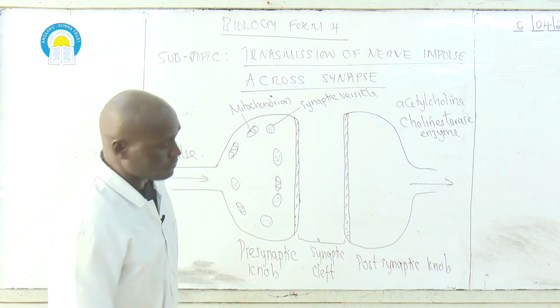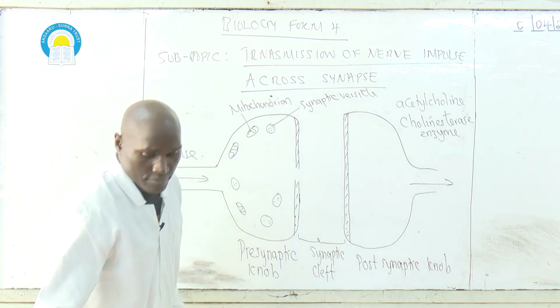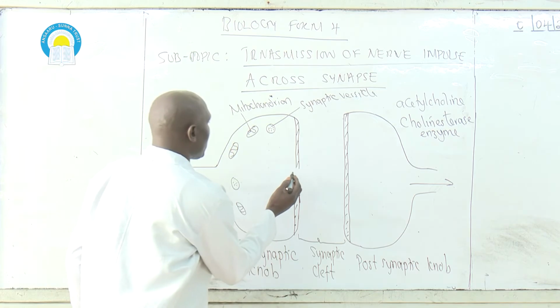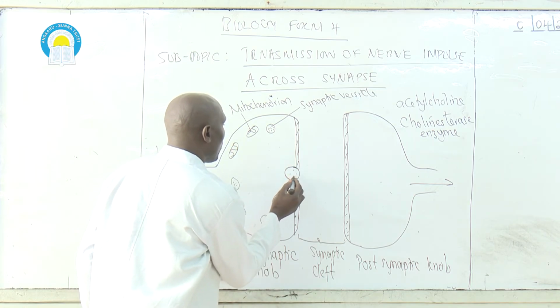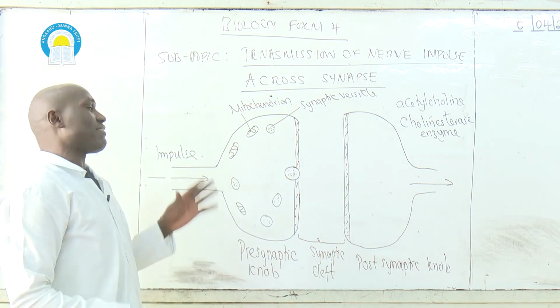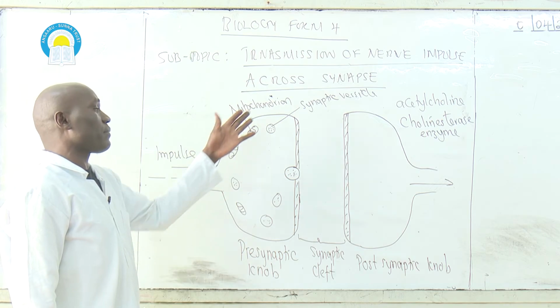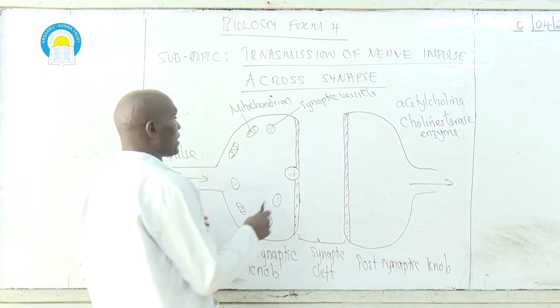Then this is what will happen. The stimulated synaptic vesicle will move and then attach itself onto presynaptic membrane. After attaching itself onto the presynaptic membrane, it then ruptures, it bursts.